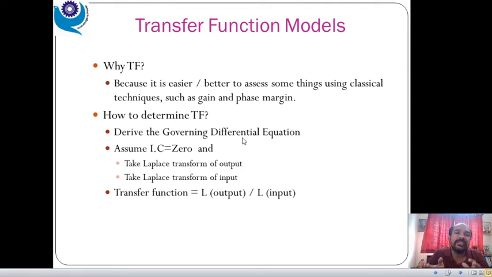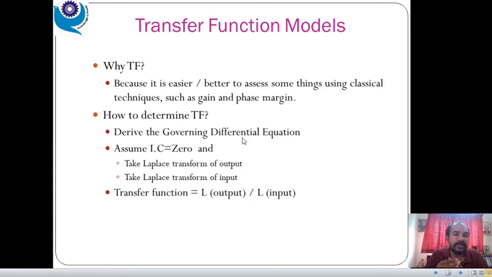Basically, suppose we take an example of an electrical system, a series RLC circuit, that is resistor, capacitor, and inductor, all connected in series. Over here, if you want to calculate the transfer function of that circuit, we apply KVL, that is Kirchhoff voltage law. When we apply KVL to that circuitry, we get an equation, right?